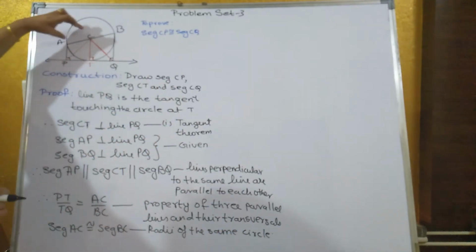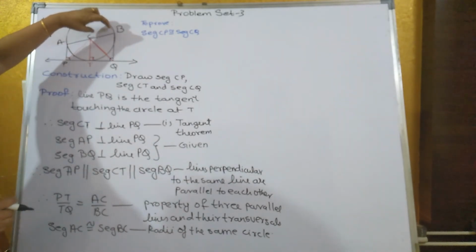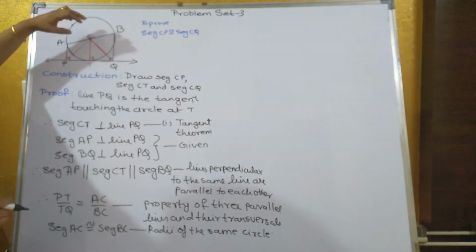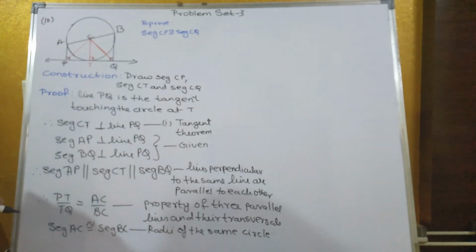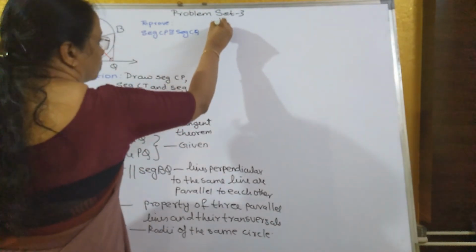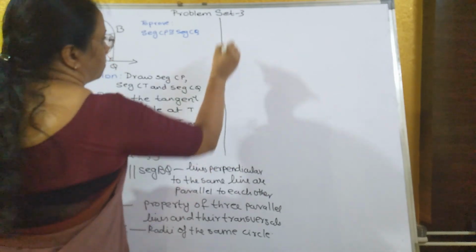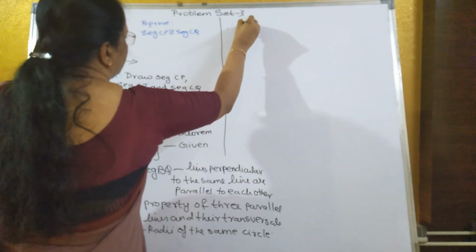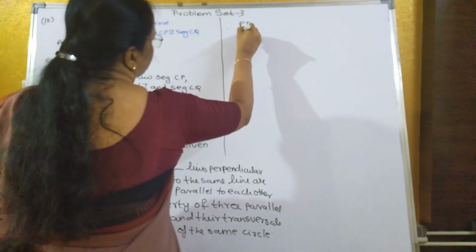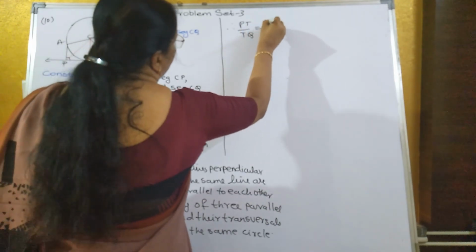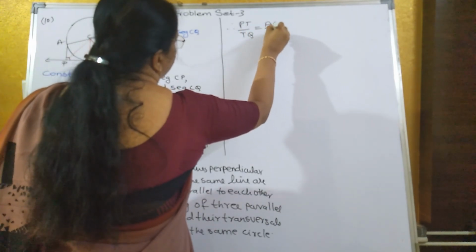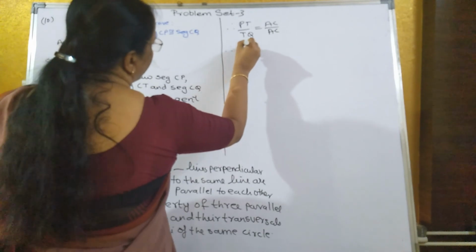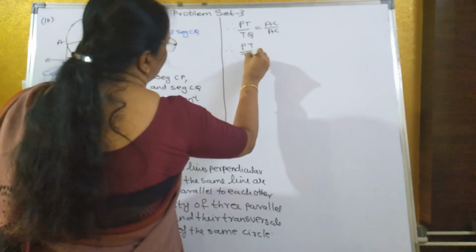So AC and BC are equal. Why are they equal? Because both are radii of the same circle, so both will be equal. So I can put AC in place of BC, or BC in place of AC. Therefore, PT upon TQ is equal to AC upon AC. Now AC and AC will get cancelled, so what you will get, PT upon TQ is equal to 1.